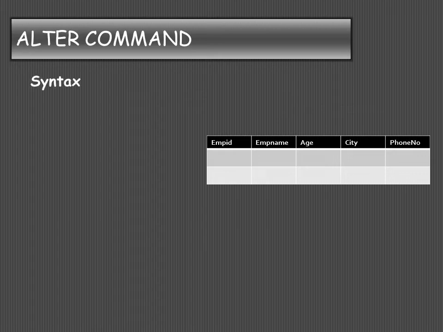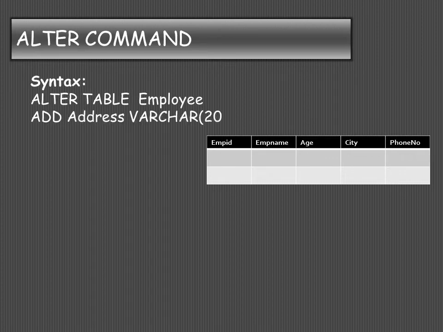So how will we do that? We will use: alter table employee add address varchar 20. Now 20 is the length, the size, which means that a maximum of 20 characters, or a combination of numbers and characters, can be used for the address field.